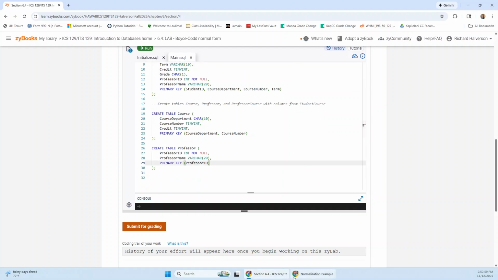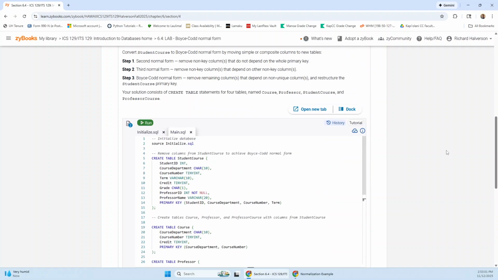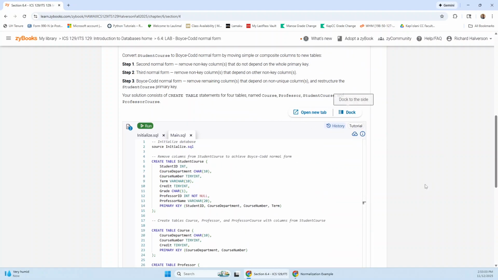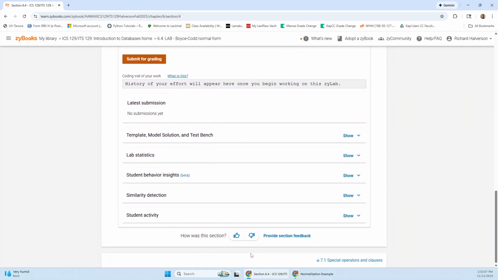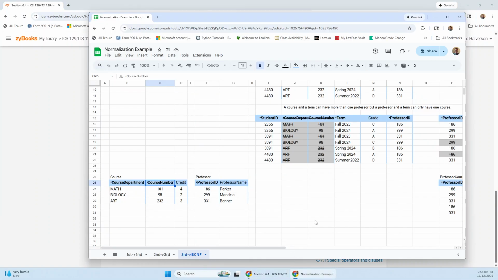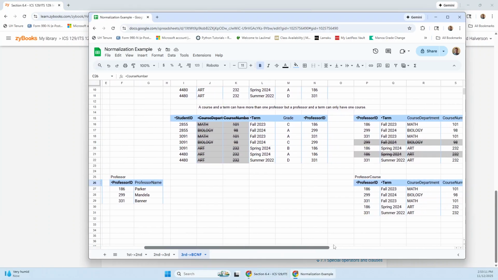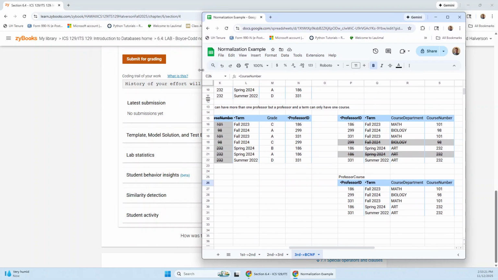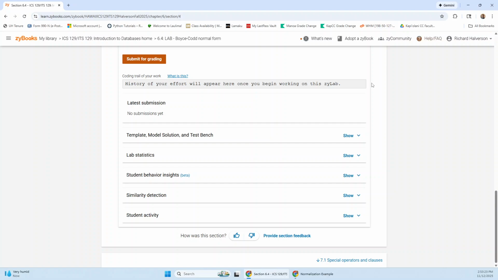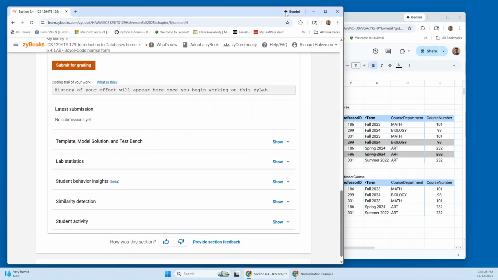The third one is, what does it say for the third one? It's the student course and professor course. Well, let's see. Let's do professor course. It's professor ID plus term plus department. Okay, so I'm going to do this to make it easier for myself.